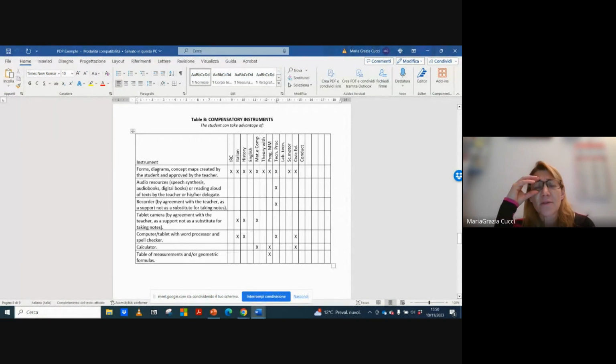The very important thing is that if this form, standard graph, diagram or concept map is created by the student, it has to be approved by the teacher. It is not the writing of all the concept.